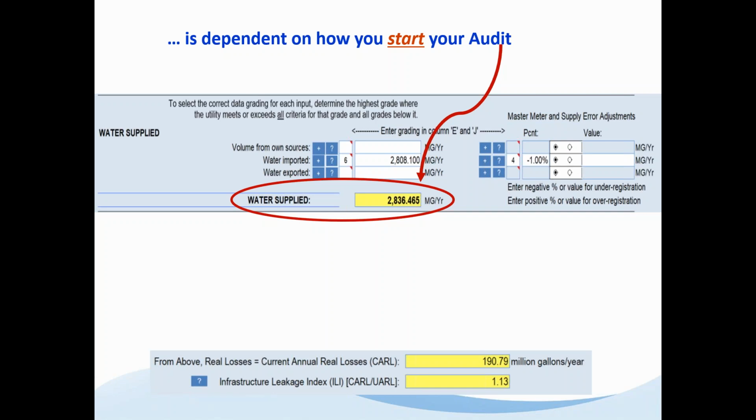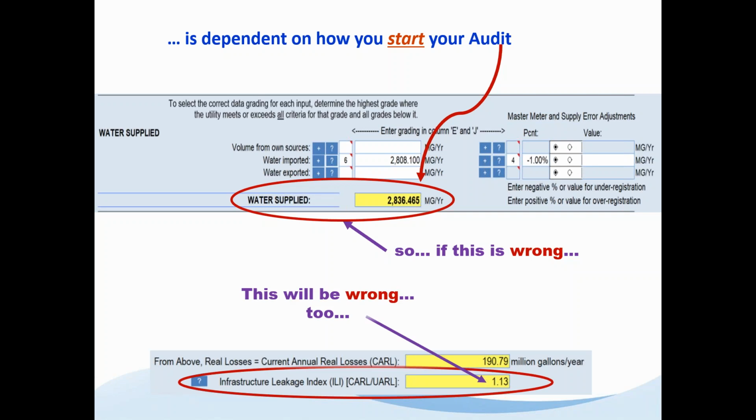And so that end score is how you start the audit. And so the big question becomes, if the water supplied information is wrong, then the bottom answer is going to be wrong too, and your whole audit's going to be wrong.